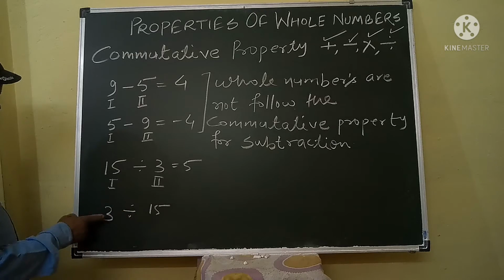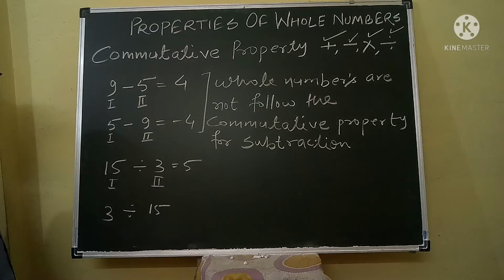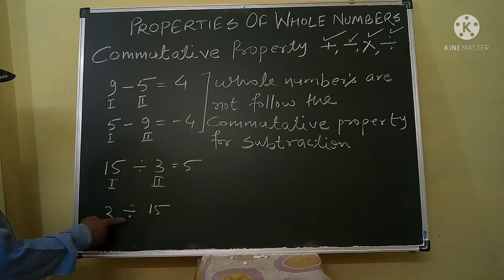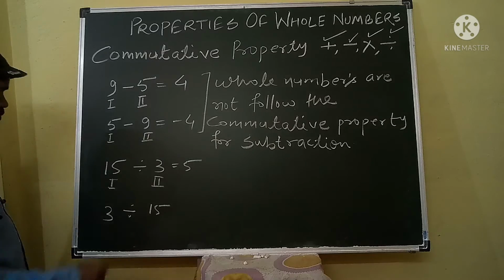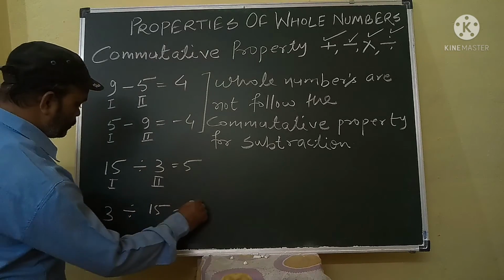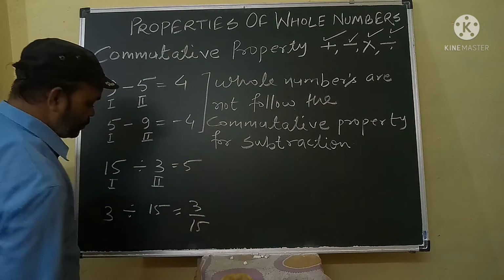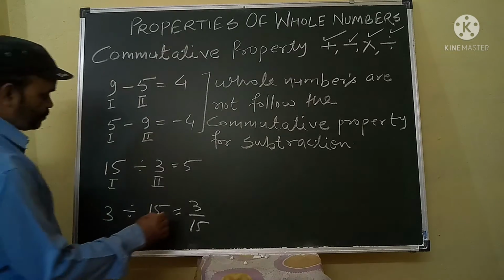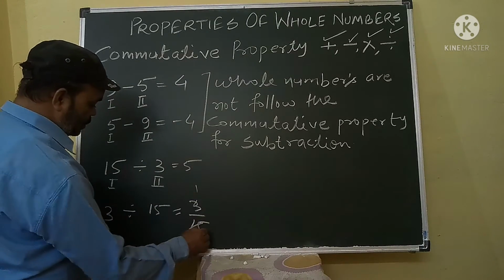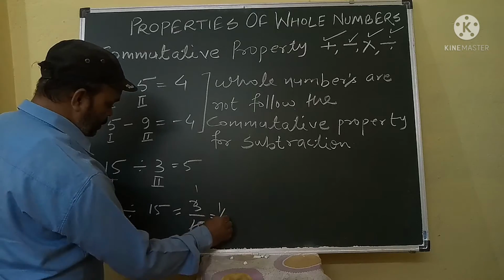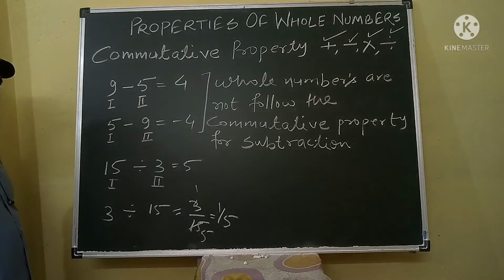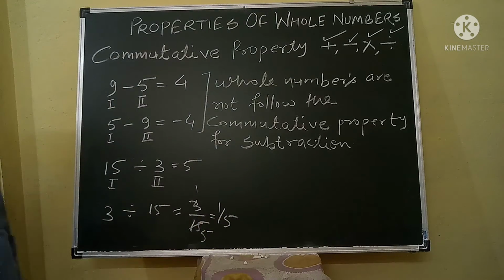In this example, 3 is the dividend and 15 is the divisor. It will give you 3 upon 15. 3 ones are 3, 3 fives are 15. That is 1 upon 5. It is equal to 1 upon 5.